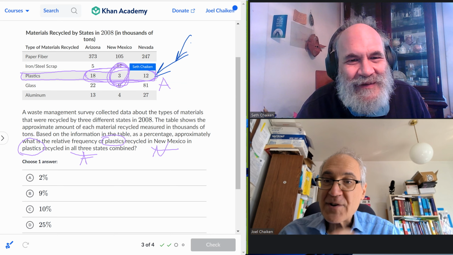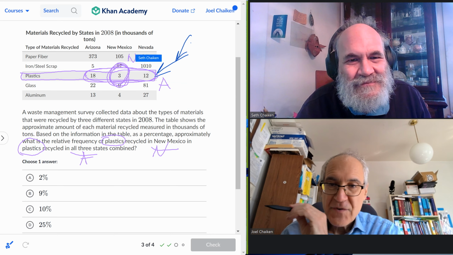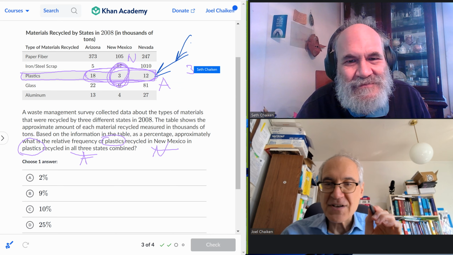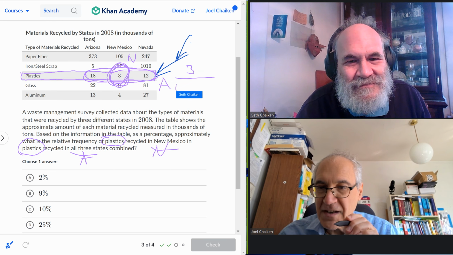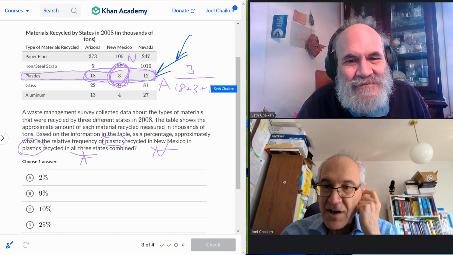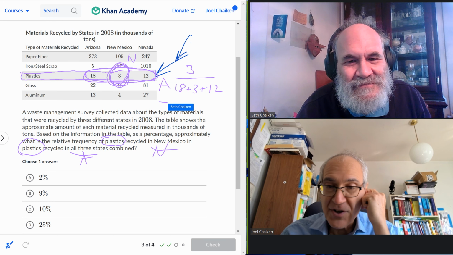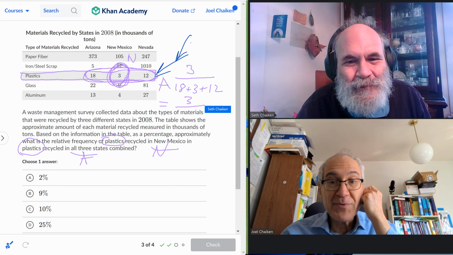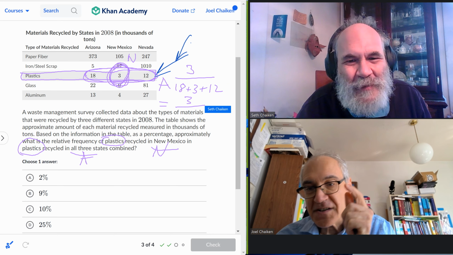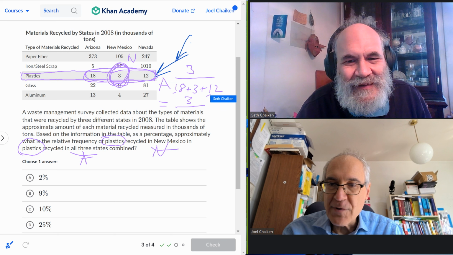What is the relative frequency of only plastics recycled in only New Mexico, in plastics recycled in all 3 states combined? So we have to be careful here because we have to be careful what we put in the numerator and what we put in the denominator. So what do we want?